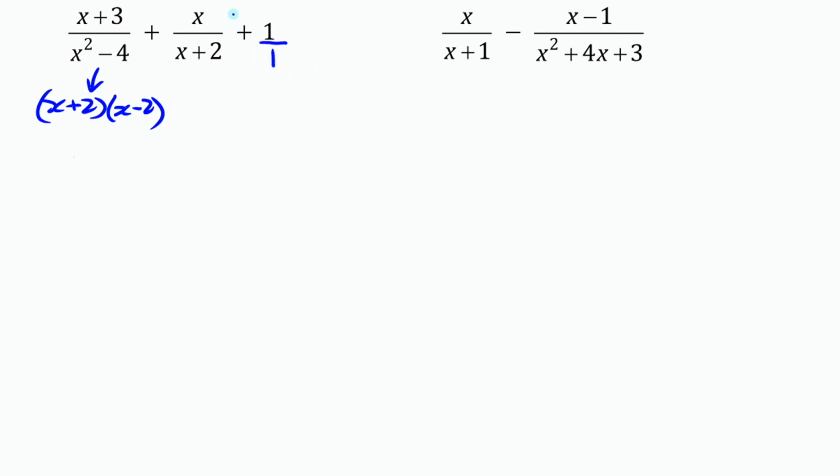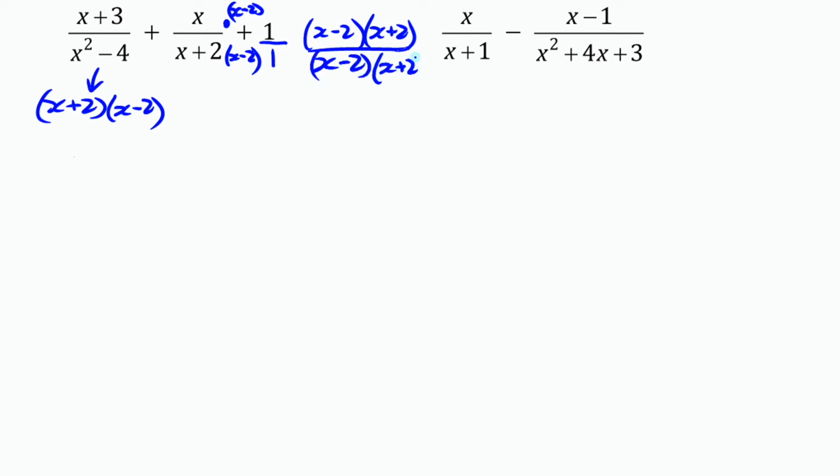So I'm going to need to multiply this by x minus 2 over x minus 2. Hard to squeeze in there, but that's what I'm going to need to multiply it by. And then this thing, I'm going to need to multiply by both of those. I could just write x minus 2, x plus 2 over x minus 2, x plus 2.